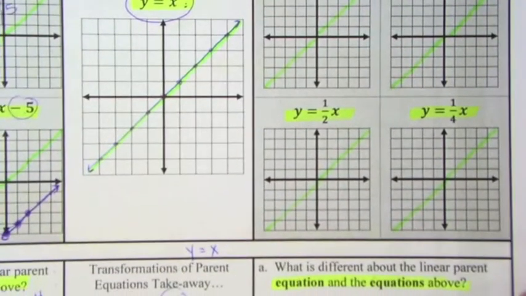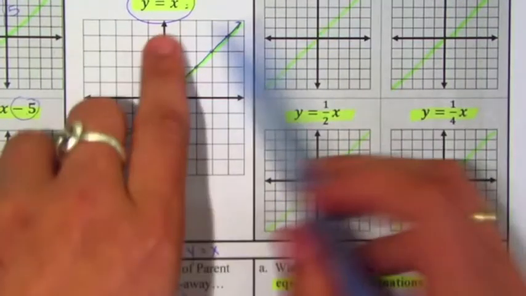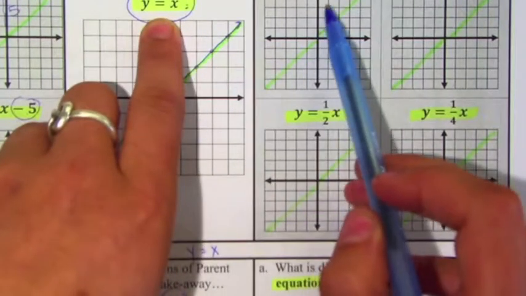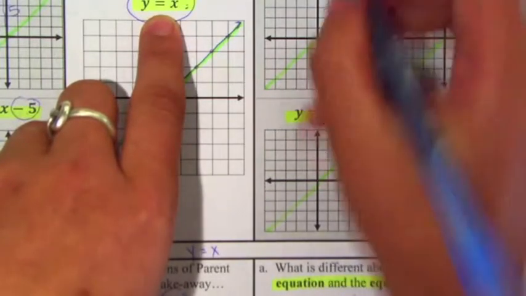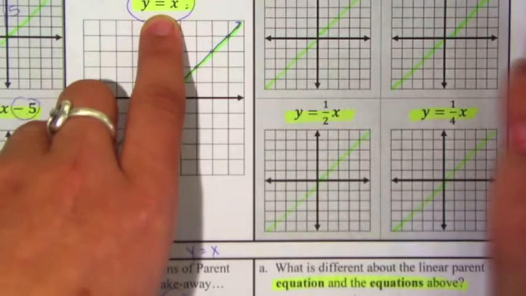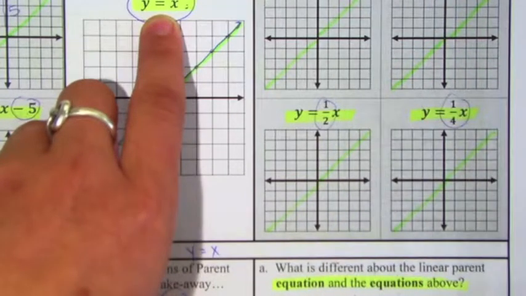Okay, so now let's take a look at the coefficients. What is the difference between the linear parent equation and these equations? So between y equals x and y equals 2x, there's this 2, 4, 1/2 and 1/4.